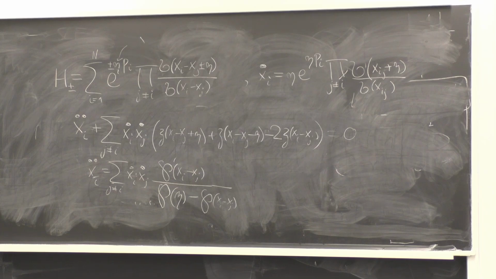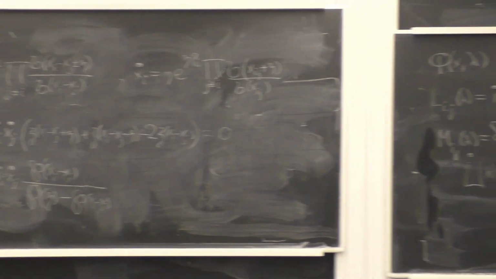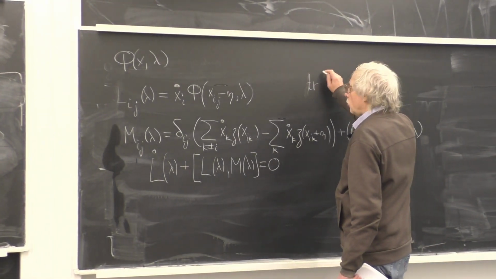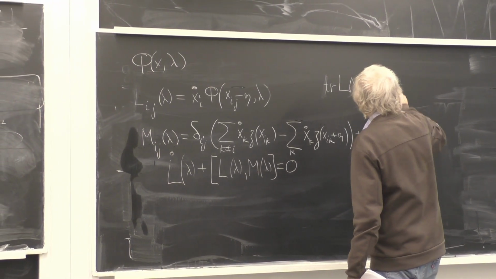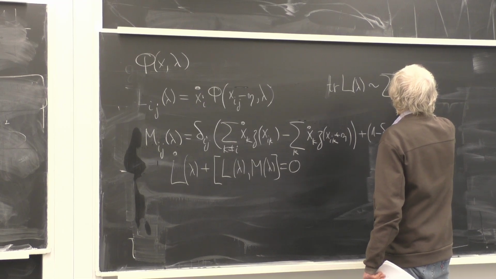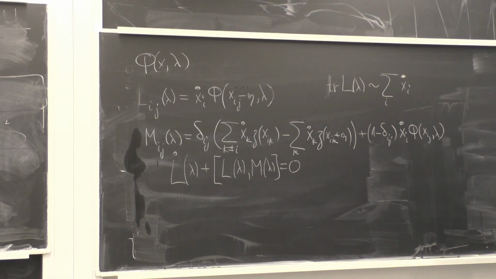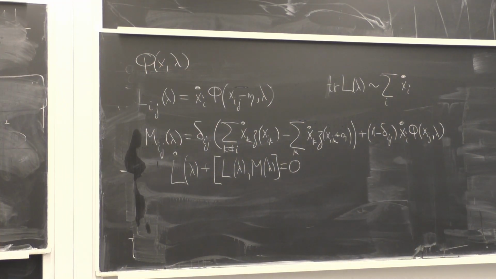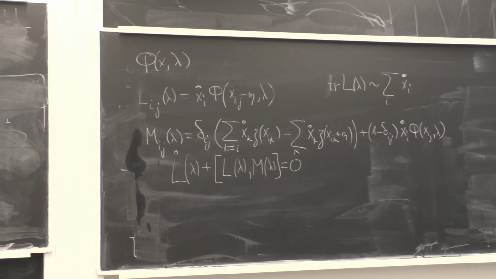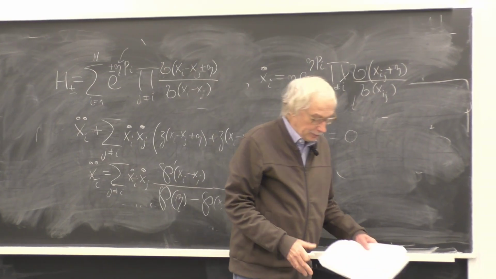And you see that the trace of this Lax matrix is proportional to the sum of all velocities. But taking into account this formula, you see that we get just the Hamiltonian in this way.